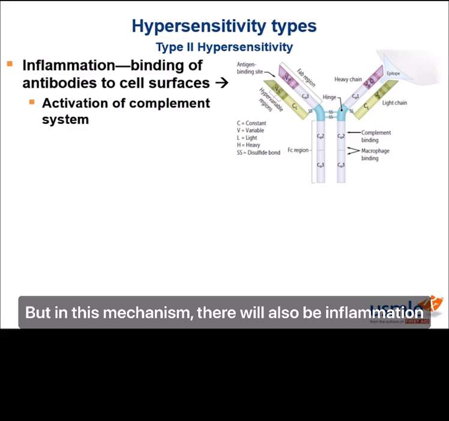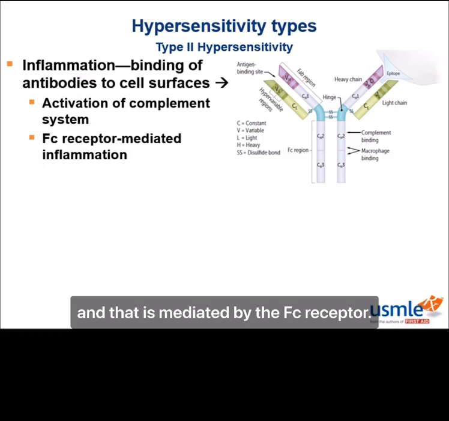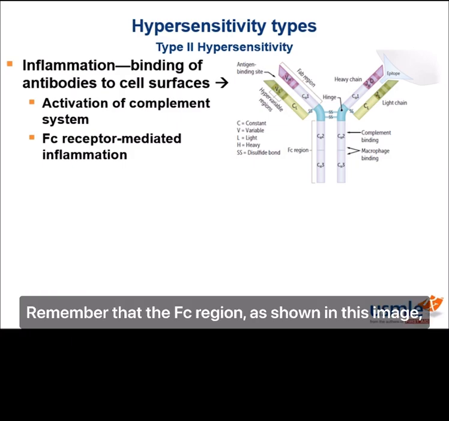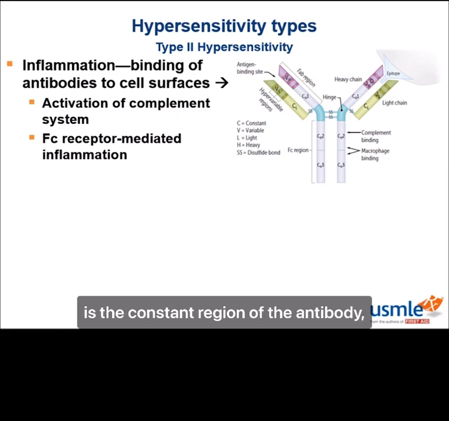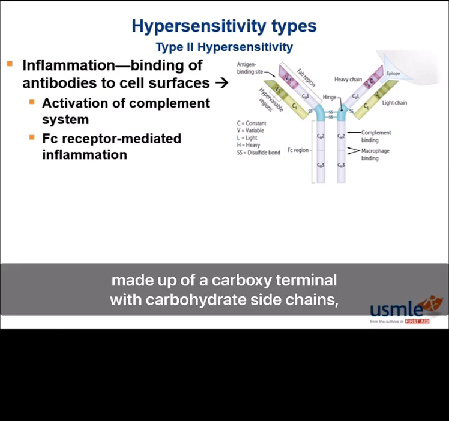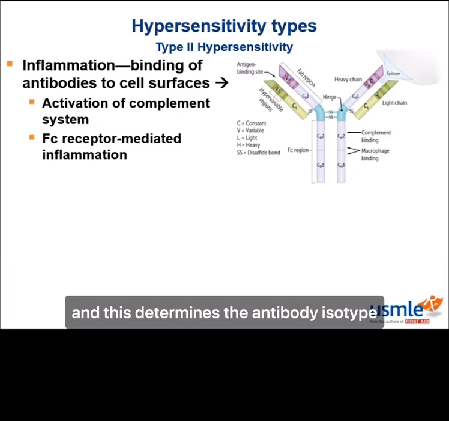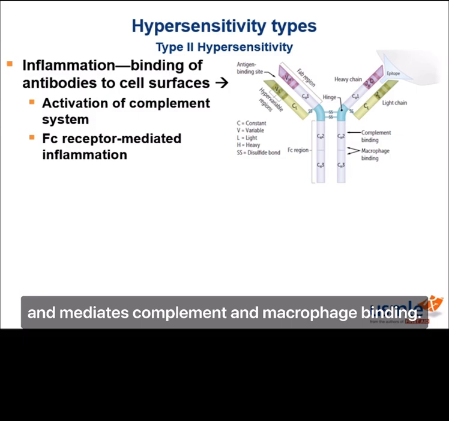But in this mechanism, there will also be inflammation, and that is mediated by the Fc receptor. Remember that the Fc region, as shown in this image, is the constant region of the antibody, made up of a carboxy terminal with carbohydrate side chains, and this determines the antibody isotype and mediates complement and macrophage binding.